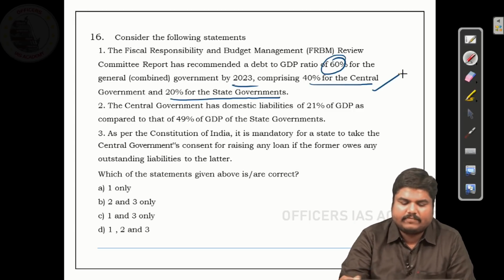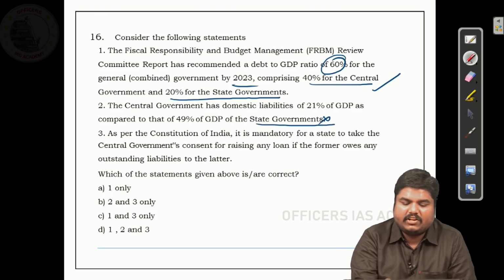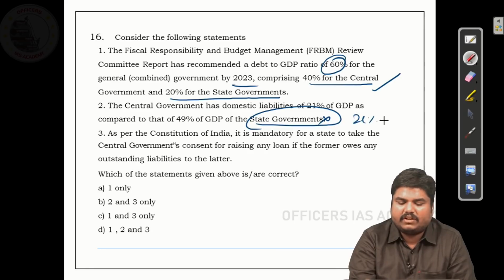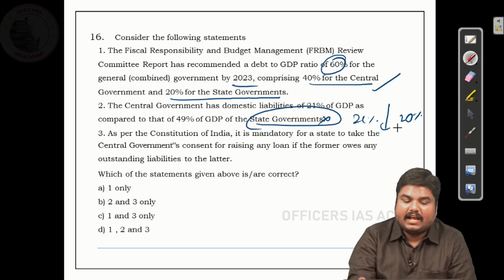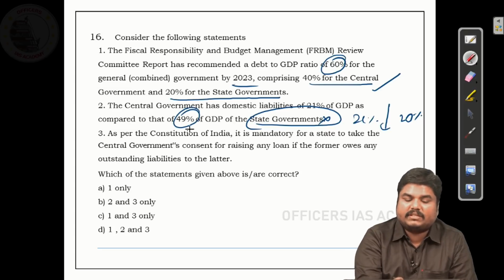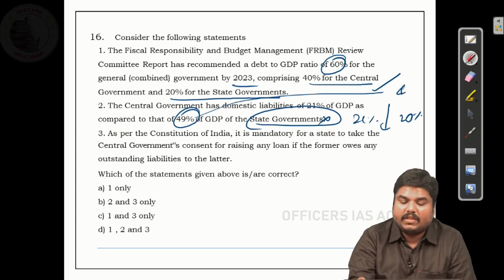One is correct. The central government has domestic liabilities of 21% of GDP as compared to 14% of GDP for state governments. That is wrong. So, state governments are having 21% debt, and that has to be reduced to 20%, is what the N.K. Singh committee says, and the central government is having a debt of 49% and that has to be reduced to 40%.